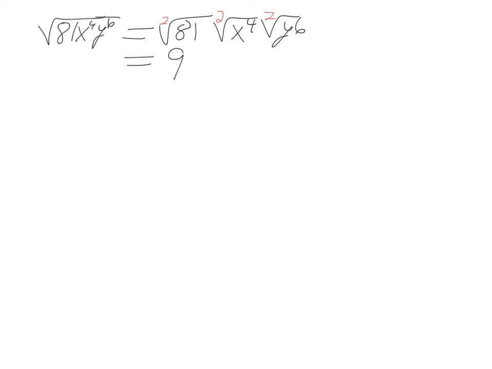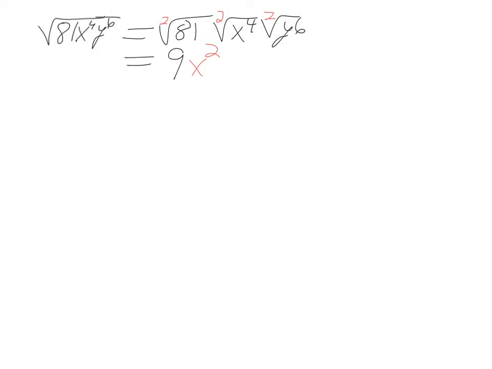So we're looking to see how many times 2 will go into 4, because what times itself would give me x to the fourth? Well, x squared times x squared is x to the fourth. So 2 will go into 4 2 times, so I have x squared. That's how many times it's divided up there.